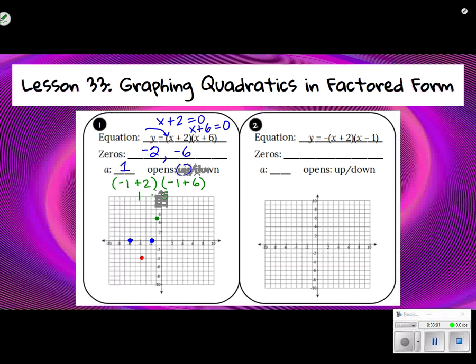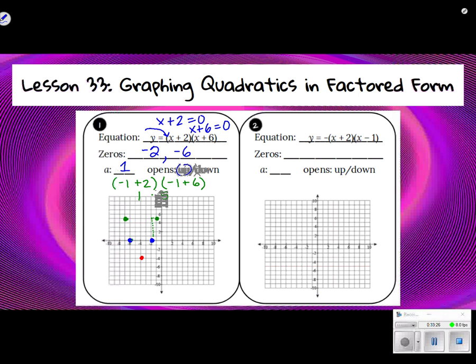Now the nice thing about this is that there is symmetry. We have all kinds of symmetry for our parabolas. So if you notice, from this blue point, I'm going up 5, right 1. I can do the same from this other blue point right here and go up 5, left 1. I have this symmetry.